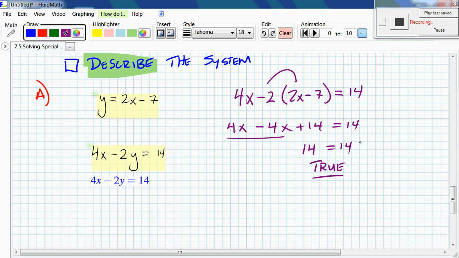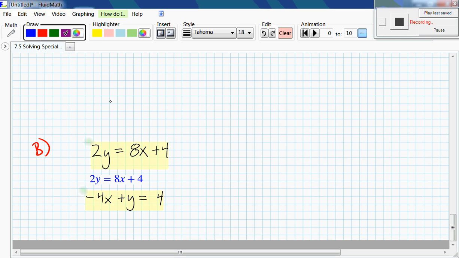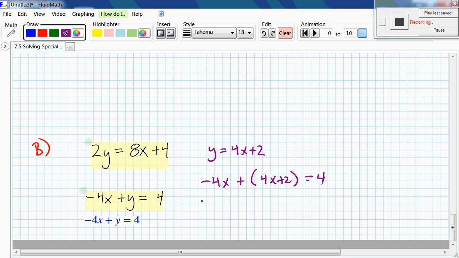For the other system, using substitution, the 4x and the minus 4x go away. So I end up with 2 is equal to 4.